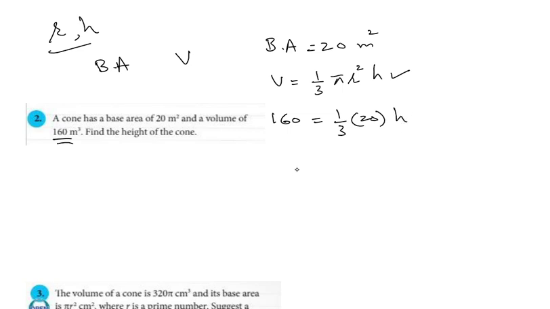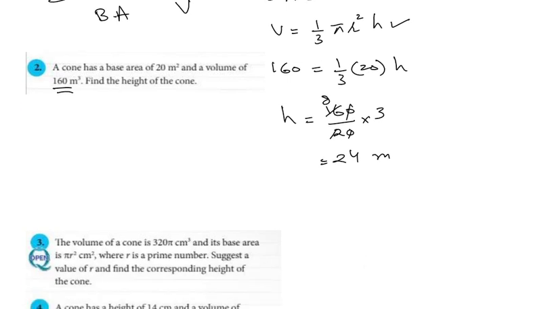Making h the subject of the formula, we get 160 divided by 20 multiplied by 3, and it is easily solved: 8 threes are 24. 24 meters is the height of this cone.